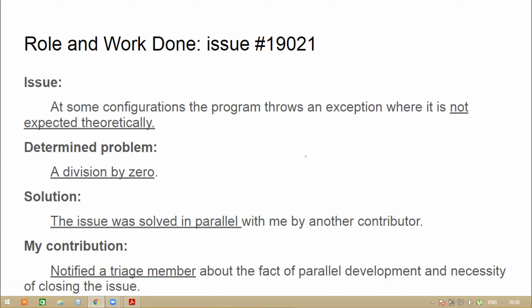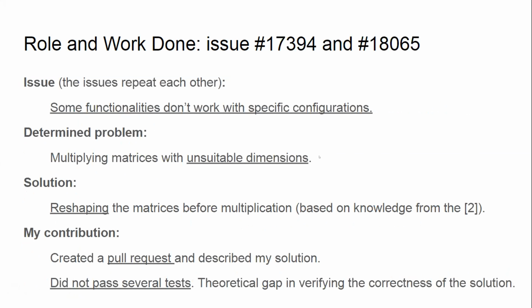So that's the end of my contribution on this issue, and then I tried to solve some other issues associated with the same module. There were 2 issues that actually repeated each other. They were about a functionality that didn't work with some specific configurations, but actually it should have worked.